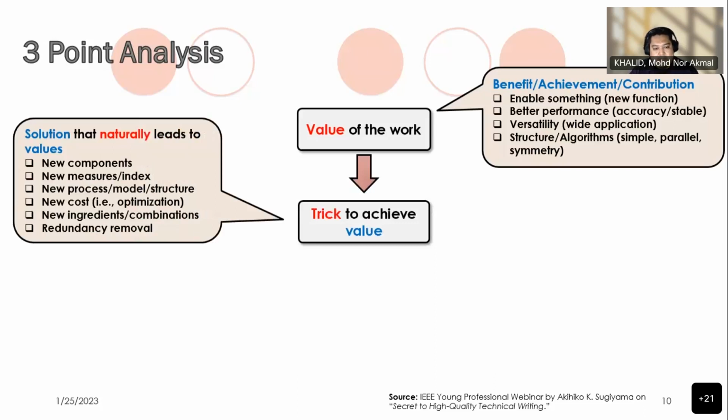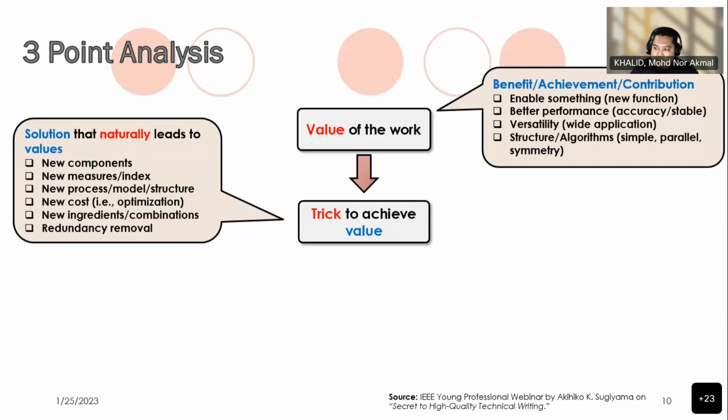And then, what are the tricks to achieve this value? Meaning, what is the solution? It should naturally lead to the value. For example, let's say you have a new algorithm. What is new in the algorithm itself? For example, what components do you incorporate? If you're not producing a new component, what is new from others' perspective?